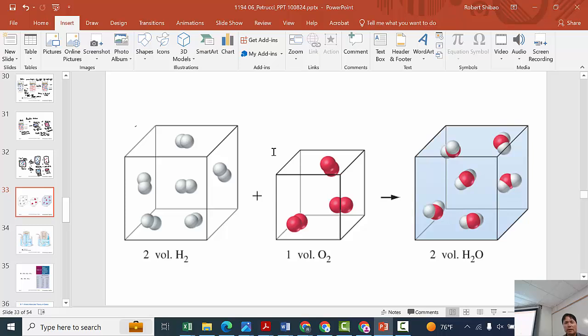So when we look at Avogadro's like this, we'll take these, and then what we're going to do is we're going to form 3 liters of mixture.